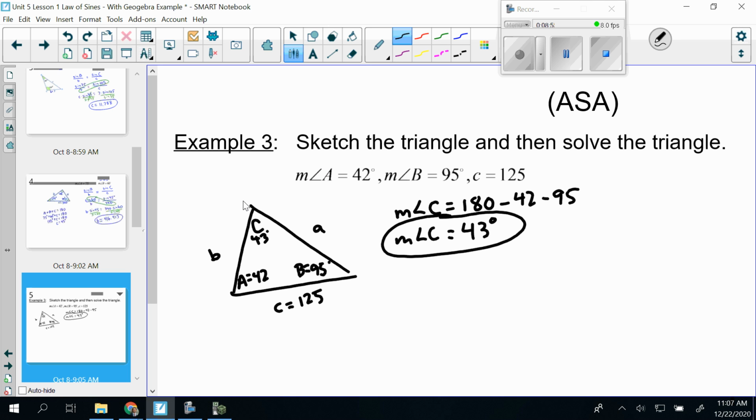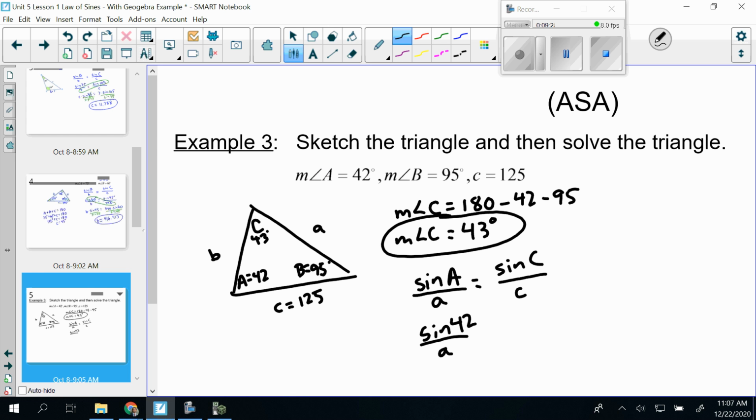Okay, so now you just have to set up your sines and see what you get. Let's do one together and then have you try one. So let's do side A together. If we were doing A, we'd want to include angle A and side A. And then you have to include the combination we know. The only combination of angle and side we know is C right now. So let's use that one. So we have sine C and side C. Now if you fill everything in, we have 42.